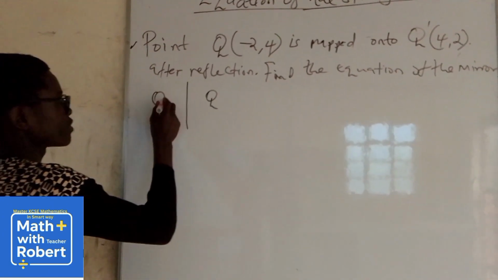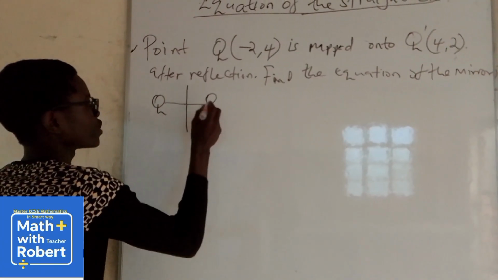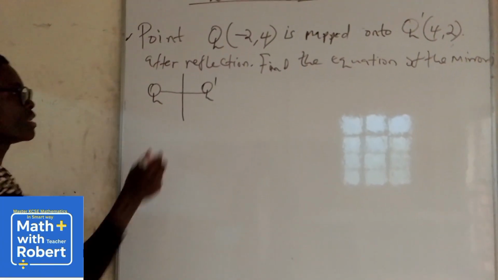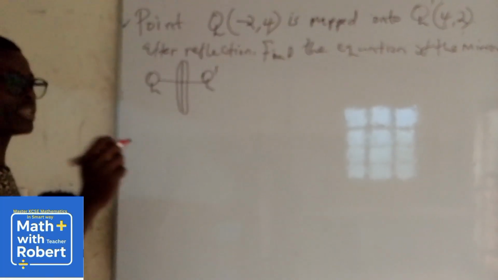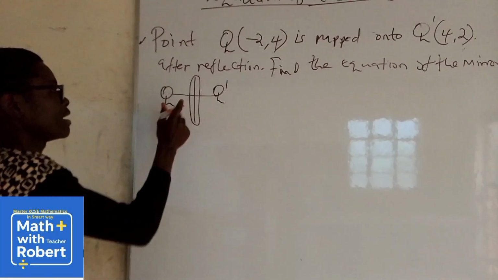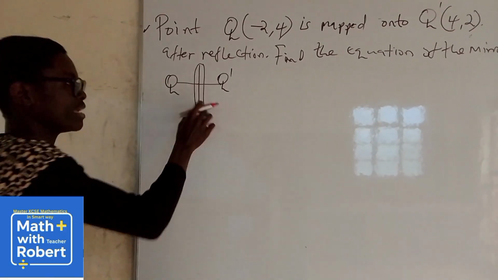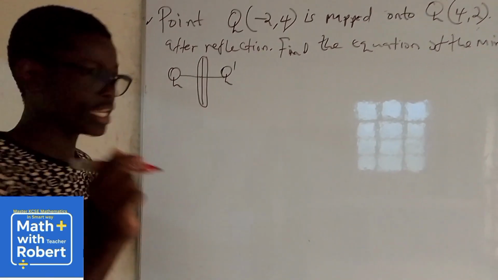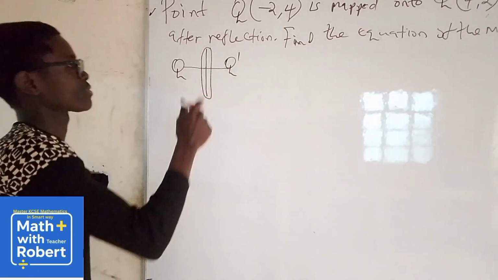So the distance from Q to the mirror is the same as from the mirror to Q prime. So meaning the mirror is the perpendicular bisector of the line Q Q prime. The mirror is the perpendicular bisector of the line Q Q prime.